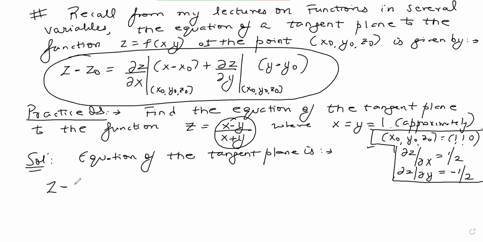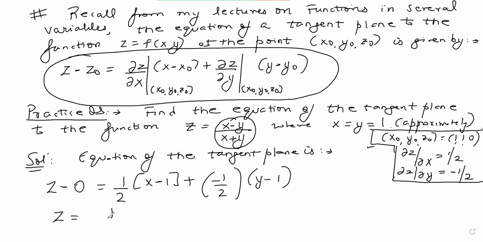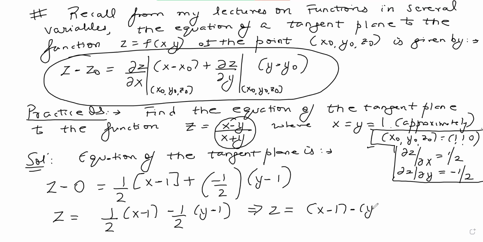How much is z0? 0. It is equal to my del z by del x has come out as half times (x minus x0, which is 1). Del z by del y has come out as minus half times (y minus y0, which is 1). So I get z as half times (x minus 1) minus half times (y minus 1). This implies z is equal to ((x minus 1) minus (y minus 1)) over 2. So I get z as (x minus 1 minus y plus 1) by 2.